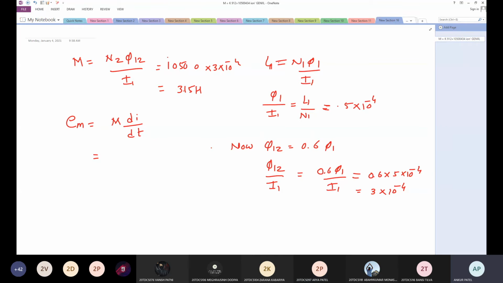Unit? Volt. Very good. So 3.15 into 100. The answer is 315 volt. Okay. So just check your answer.